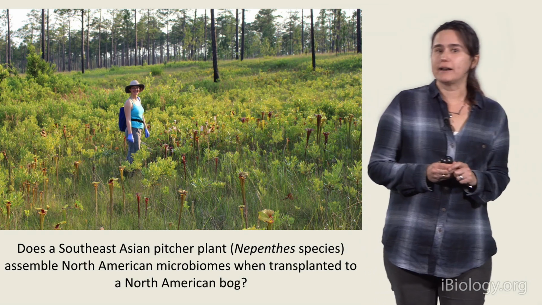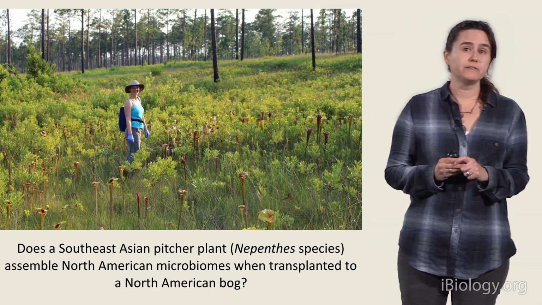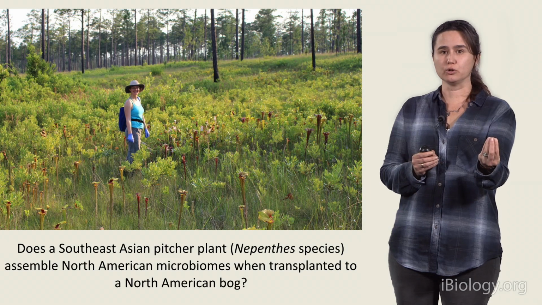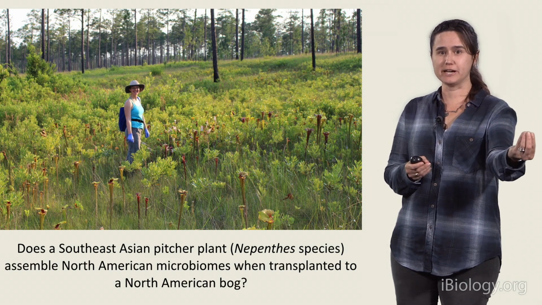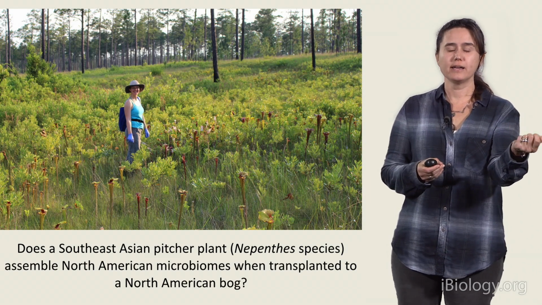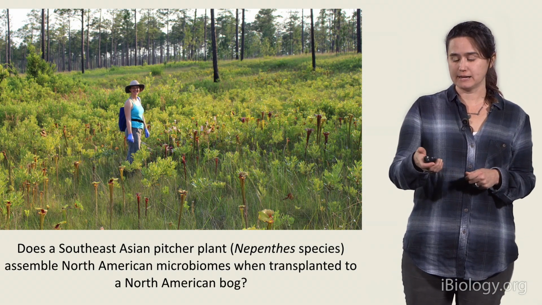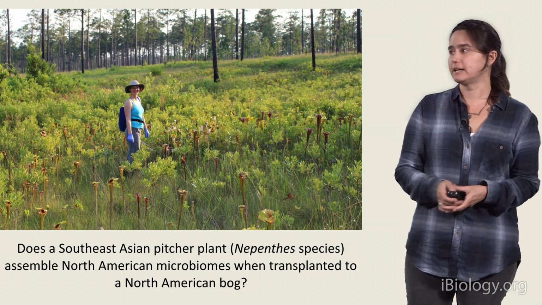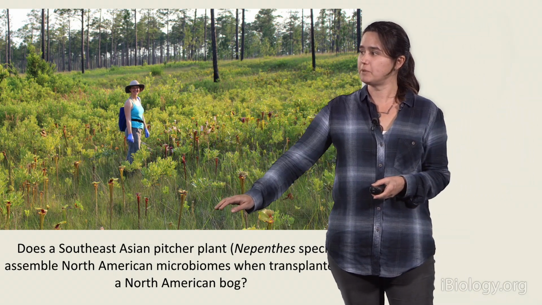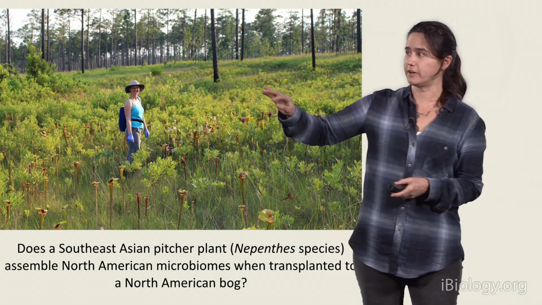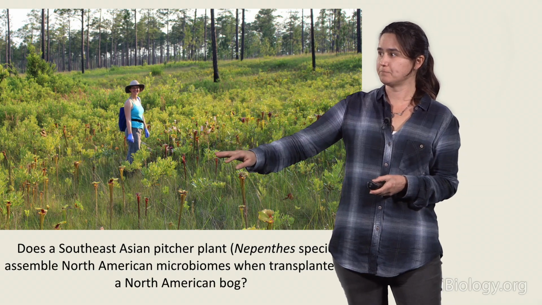So one way to think about it is that these plants have very conveniently placed little test tubes all across the landscape. And here you're looking at a picture of Leonora in a North American Sarracenia habitat. And you can see all the different kinds of pitchers that are scattered across this very beautiful habitat.